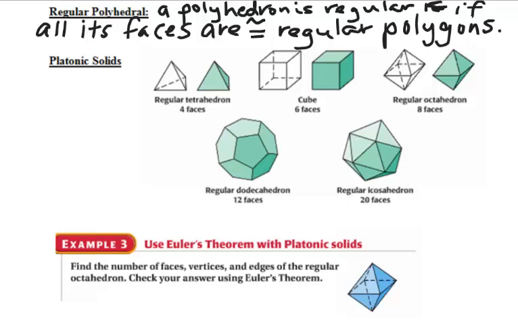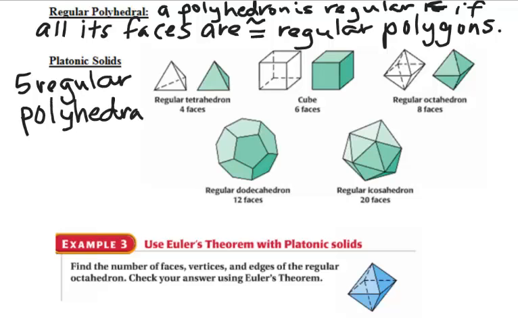And these are our 5 regular polyhedra. They are a regular tetrahedron, which has 4 faces that are all congruent triangles, a cube, 6 faces of congruent squares.